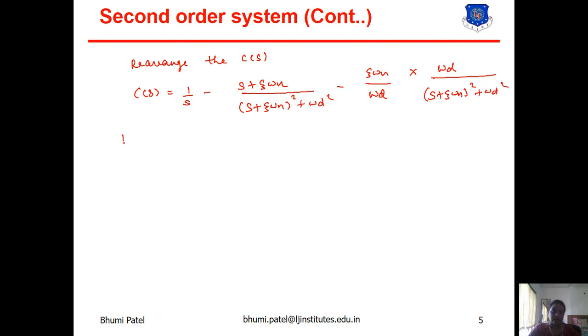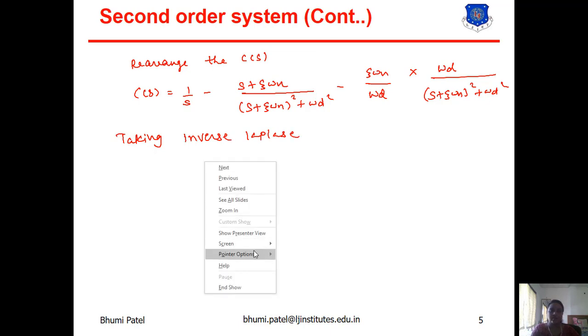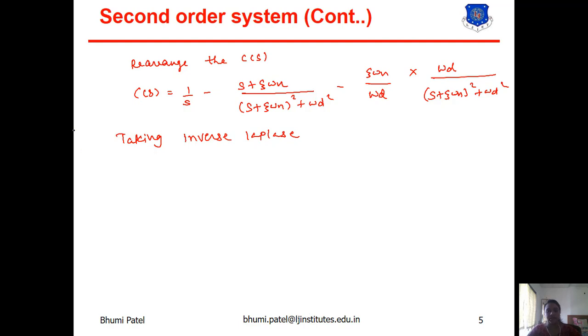Okay, now taking inverse Laplace. Why we rearrange the term? Because there is no direct equation for this C of S equation, so we can rearrange the terms.